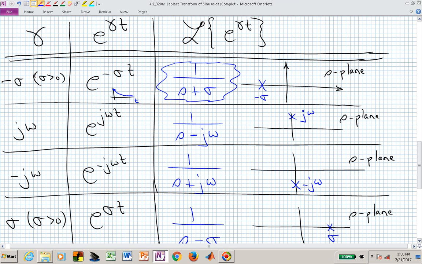And those are actually rotating phasors, and they're rotating opposite to each other, which when we combine those together produce sinusoidal waveforms.